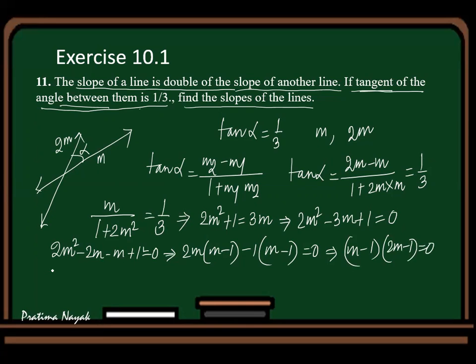So this gives you m is equal to 1 and m is equal to half. So if m is 1, then what is the other slope? It will be 2. If it is half, then it will be 1. Half and 1, 1 and 2. Both will serve the purpose.